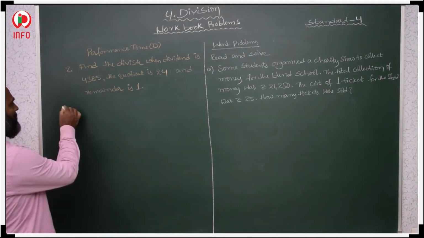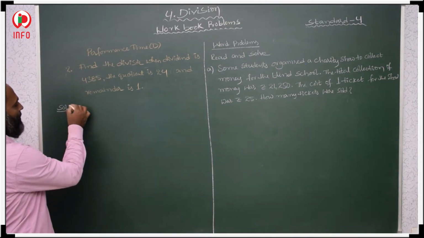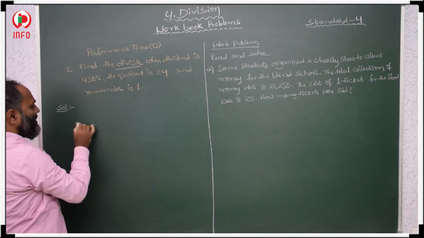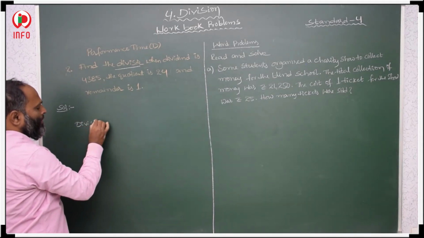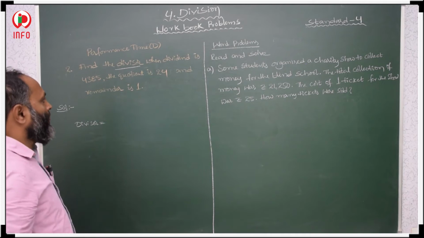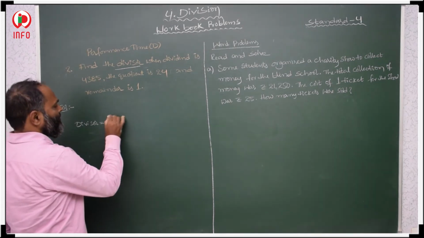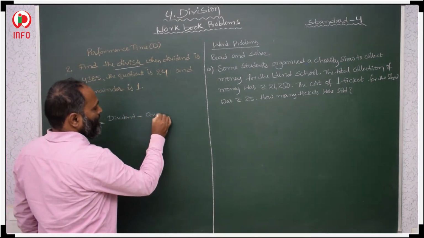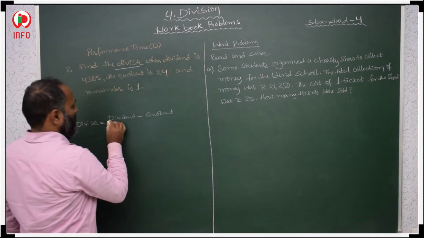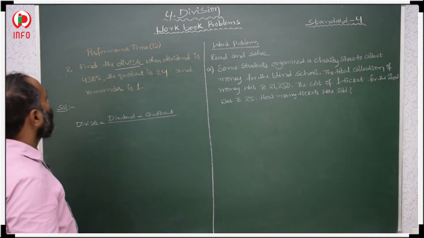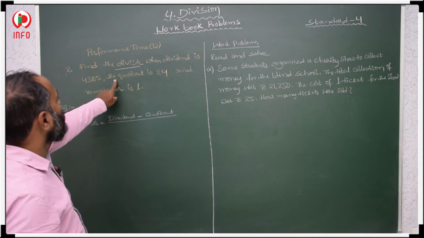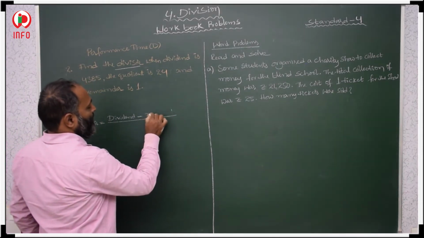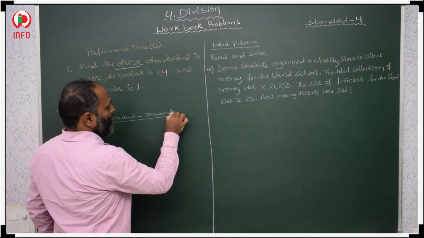So here, according to our formula, what do we have to find? The divisor. The divisor is equal to dividend minus remainder, divided by quotient.